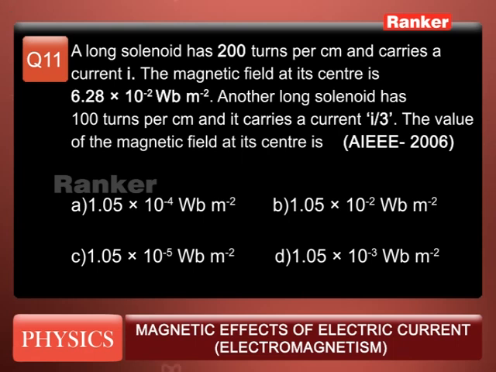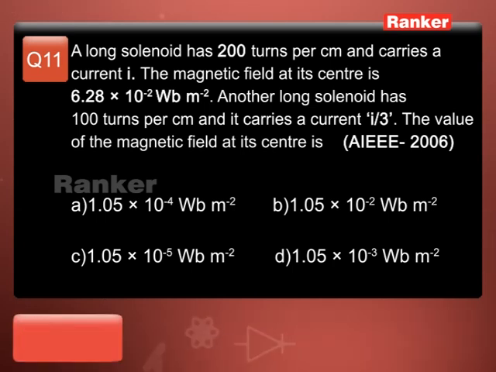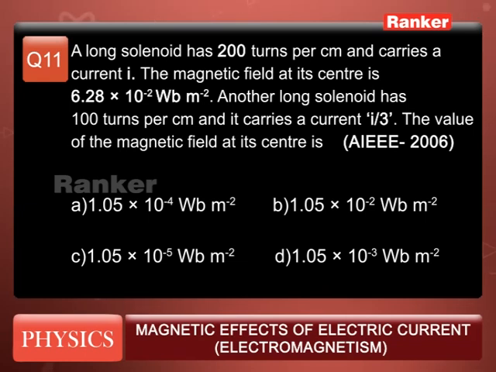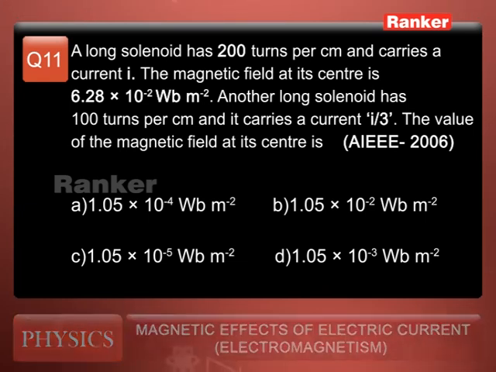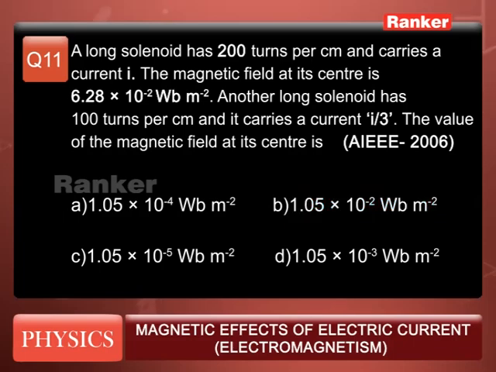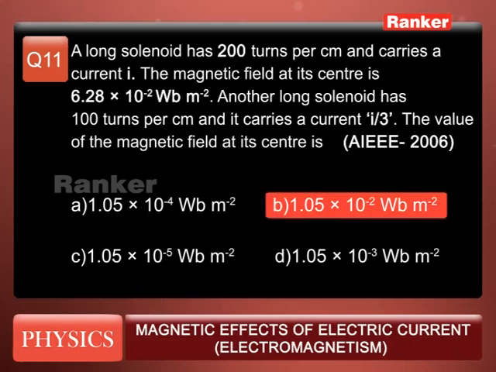Fourth option is again 1.05 but × 10^-3 Weber per meter square. The correct option for this particular question is B. That's 1.05 × 10^-2 Weber per meter square or Tesla.